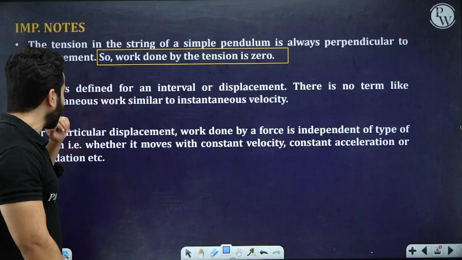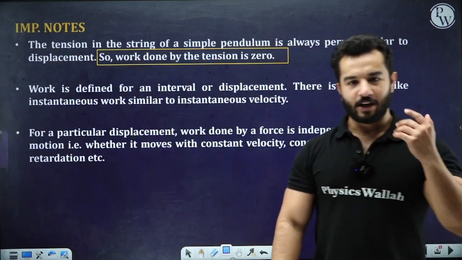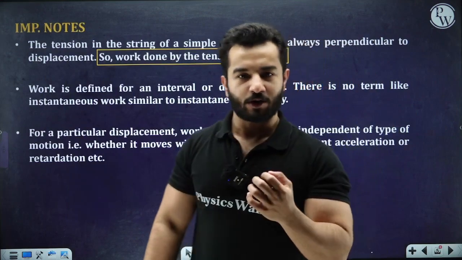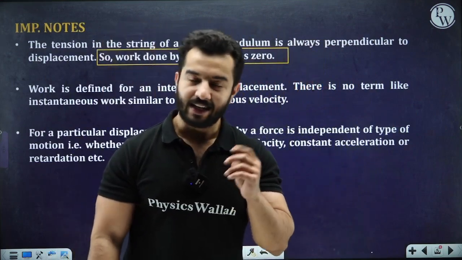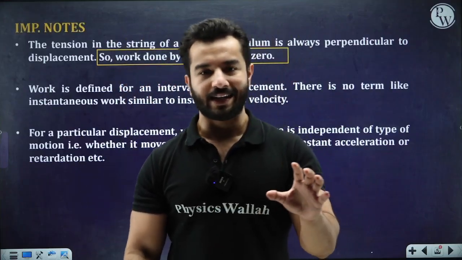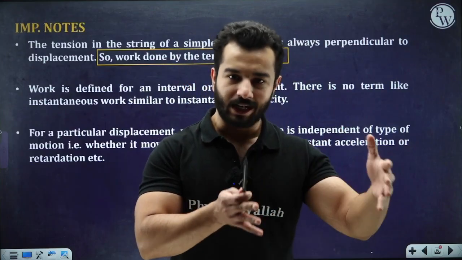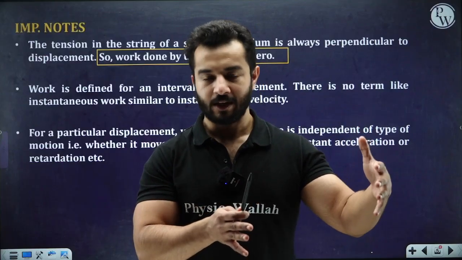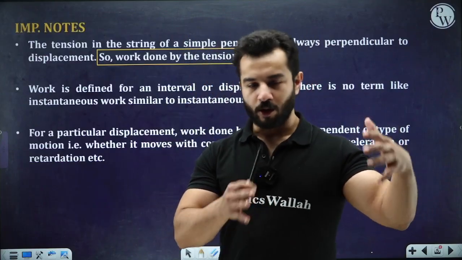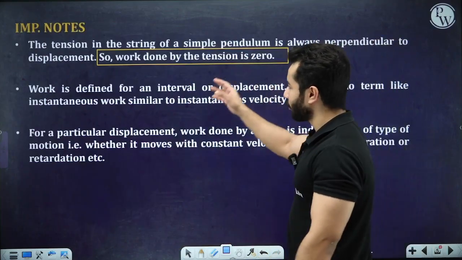There is no term like instantaneous work, right? Because we have been talking about instantaneous velocity, instantaneous speed, instantaneous acceleration, but when we talk about work, there is no term like instantaneous work or average work. Work is always defined for an interval or for a displacement, right? So whenever you talk about work, it will be work. You don't need to have any confusion over here.